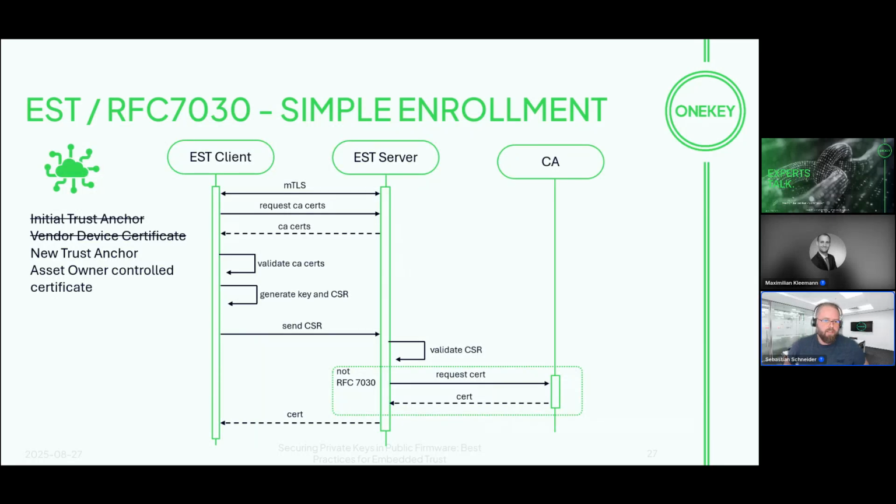And if a device gets decommissioned, this can be also registered on the EST server. And then if someone comes with this decommissioned device certificate, it would reject the request for certificate signing.